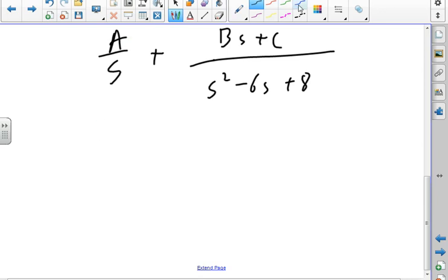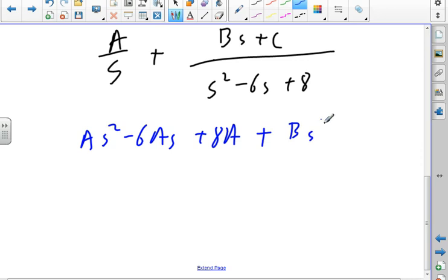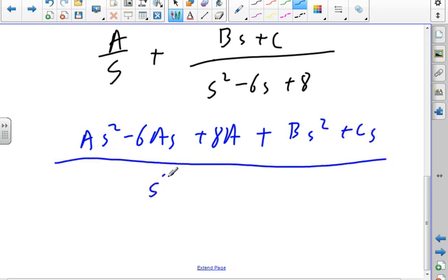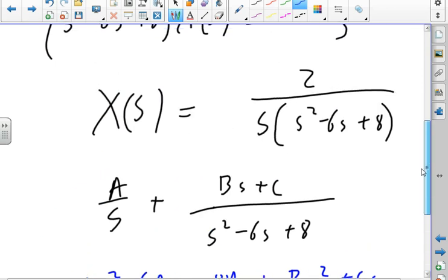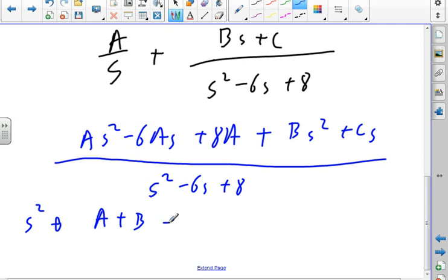Okay, so now I'm going to go and get the common denominator again. A times s squared minus 6as plus 8a plus bs squared plus cs over s squared minus 6s plus 8. I look at the s squared term, and I have a plus b. And a plus b has to be 0.